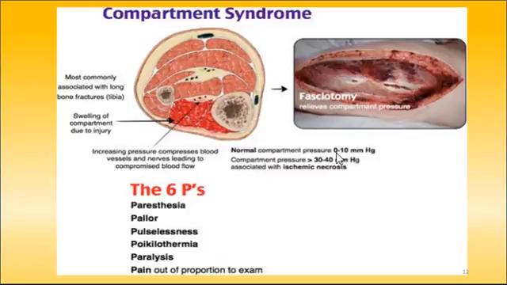The pressure, rather than being 0 to 10 millimeters of mercury, can be greater than 30 to 40. That leads to ischemic necrosis. That is a medical emergency, and they need to do an immediate fasciotomy to relieve that pressure, or you will lose the limb. I know we talked about this before, so I'm not going to dwell on it.